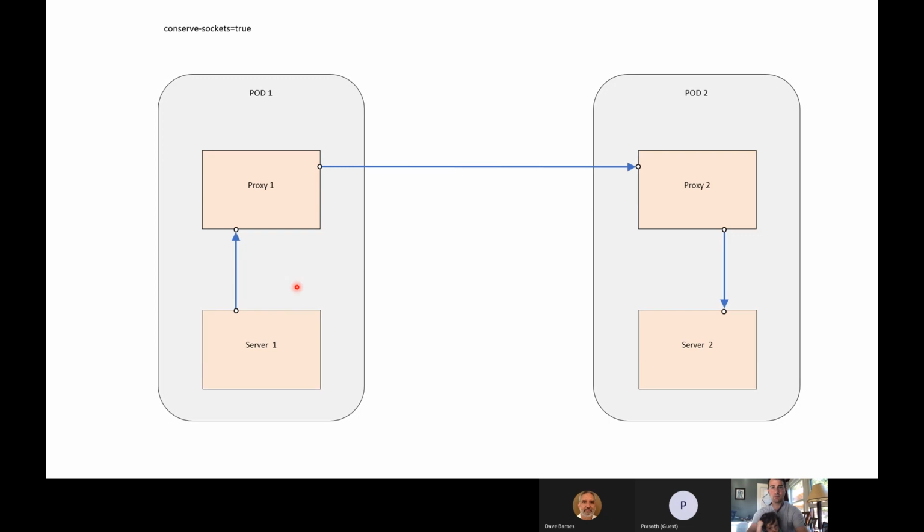The first TCP connection would be between the server 1 and its local proxy container, the second between the two proxy containers, and the third one, of course, between this proxy 2 and the server 2. Now, in this one logical TCP connection, we have 3 actual TCP connections involved and 6 different sockets. So 1 on the server, 2 on the proxy container, again 2 sockets on the remote proxy, and the socket on the remote server.